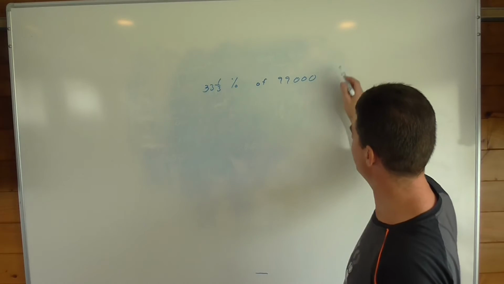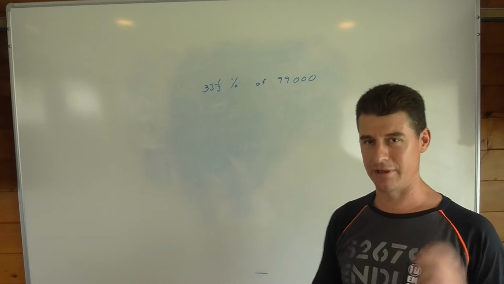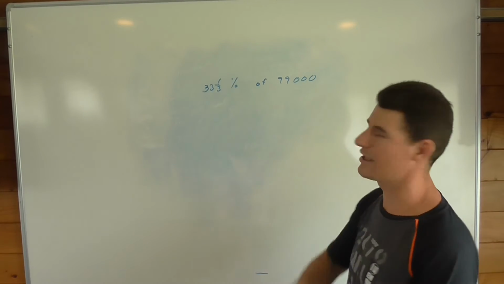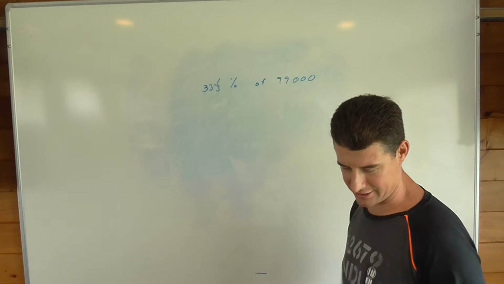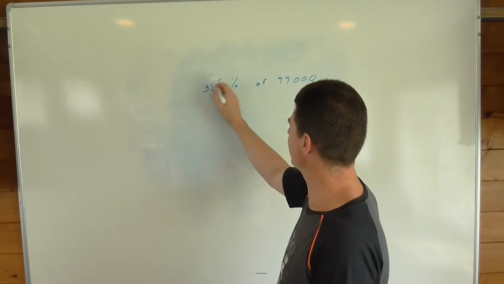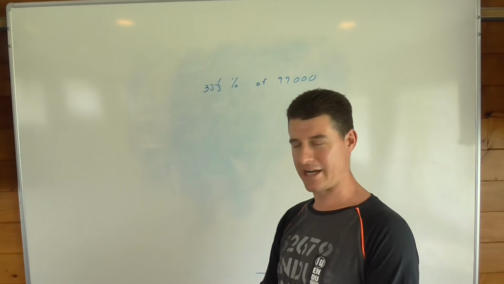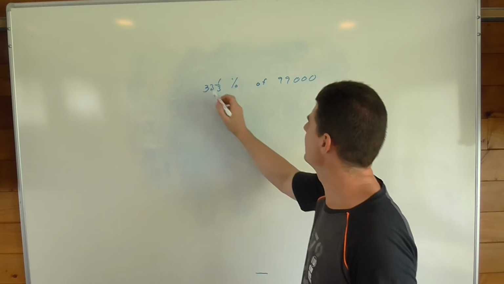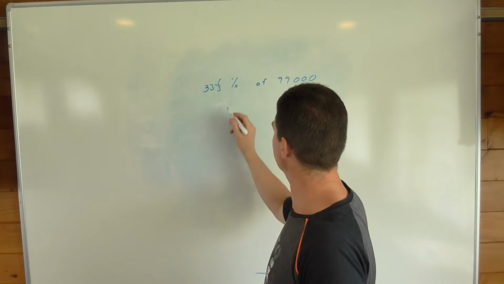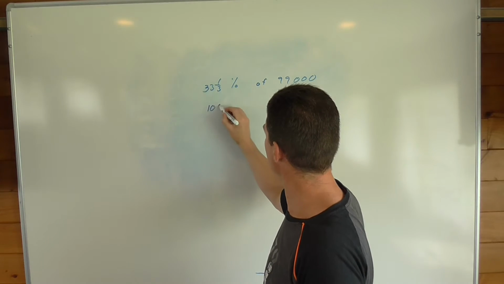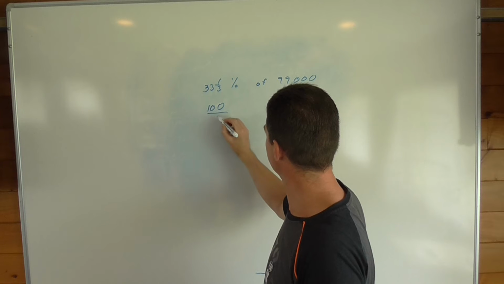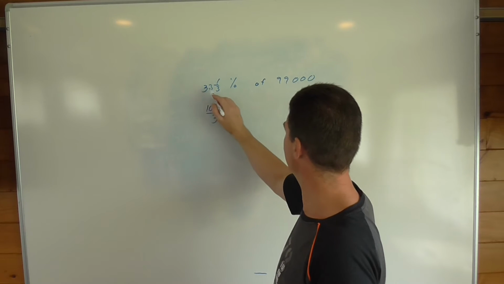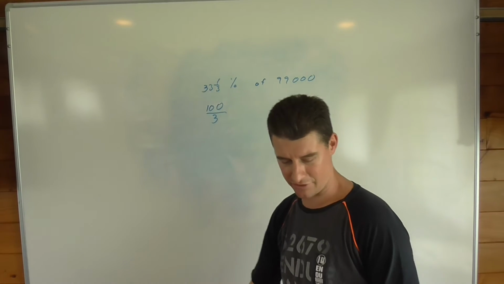So first let's look at what we've got. They want 33 1/3% of 99,000. We've got a mixed fraction, so let's convert that into an improper fraction first. 33 times 3 plus 1 is 100 over 3.